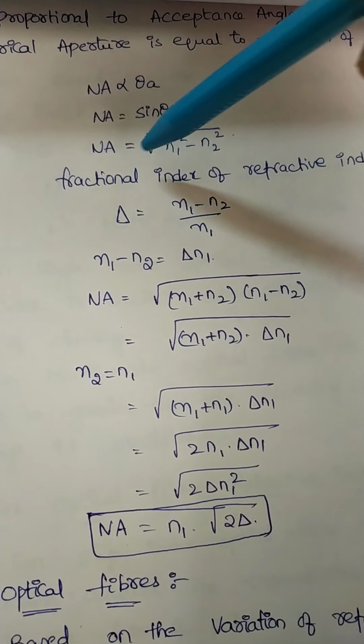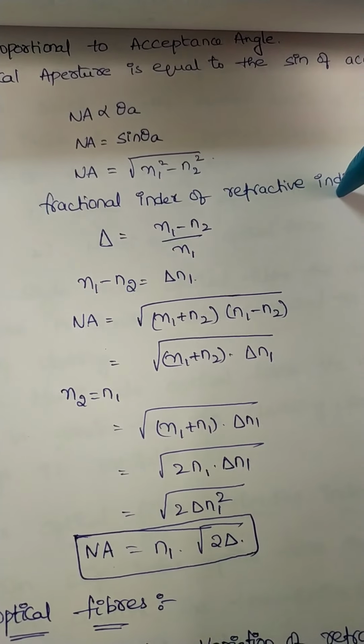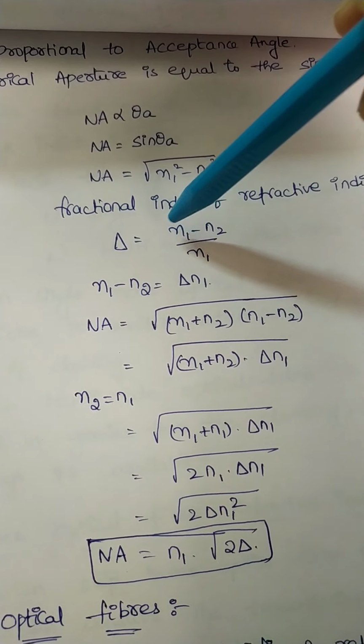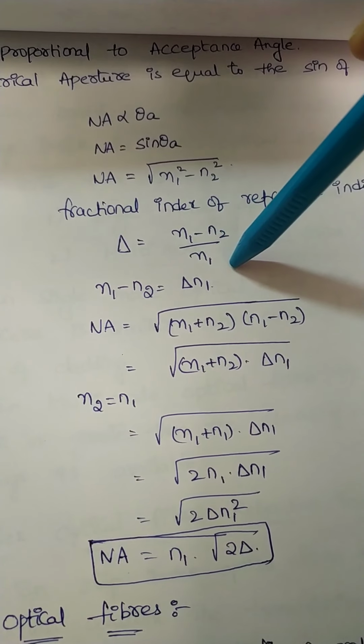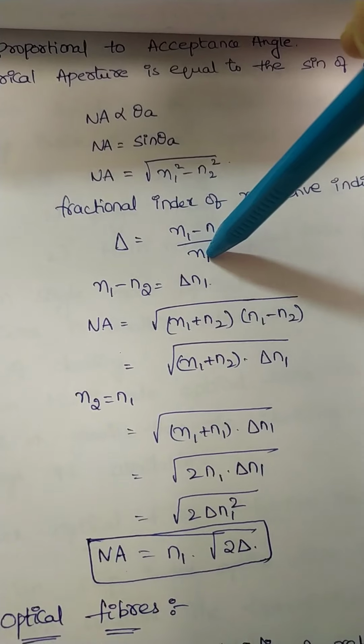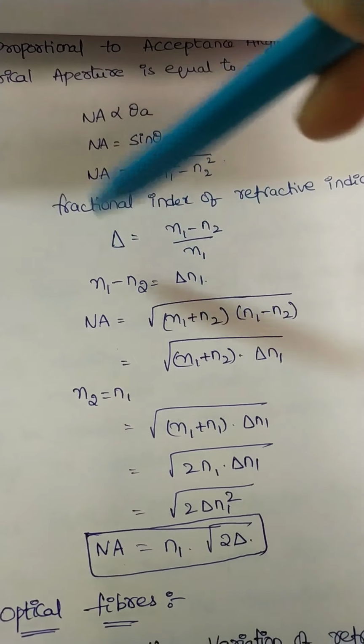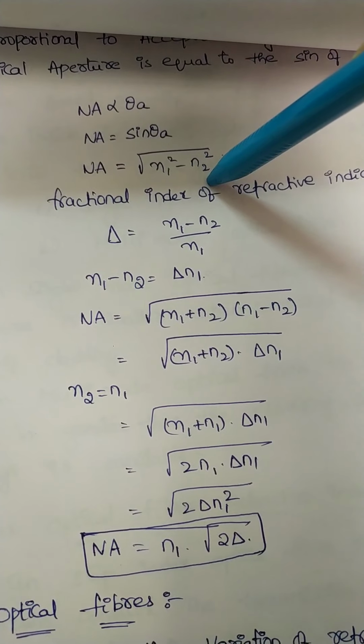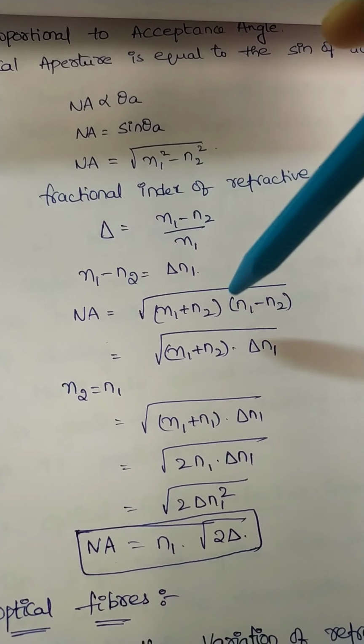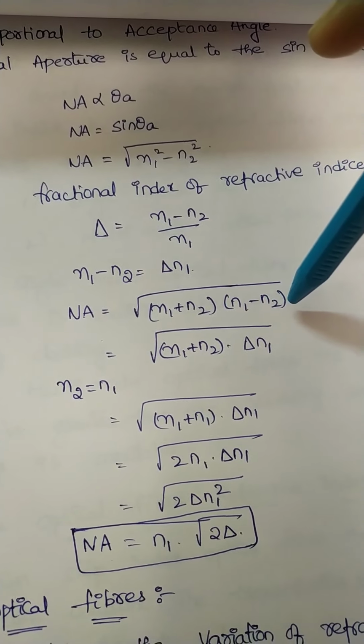According to the fractional index of the refractive indices, delta is equal to n1 minus n2 by n1. So n1 minus n2 is equal to delta n1. Now root of n1 square minus n2 square can be written as root of n1 plus n2 into n1 minus n2.